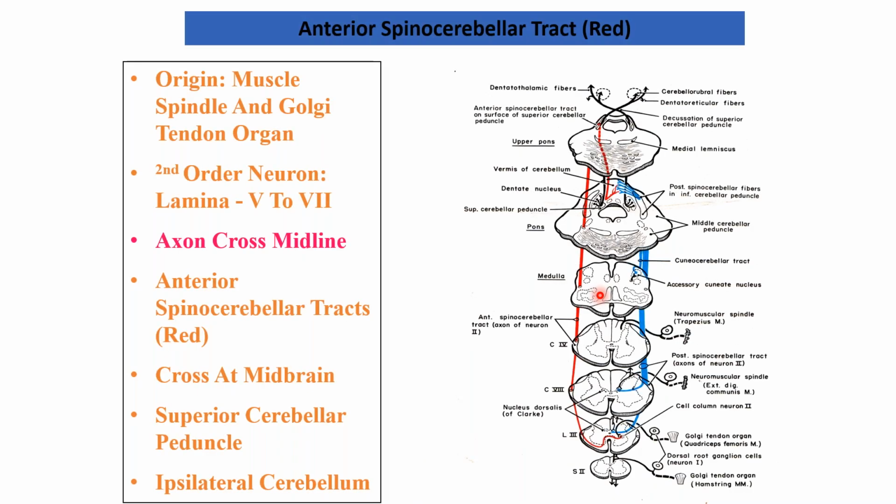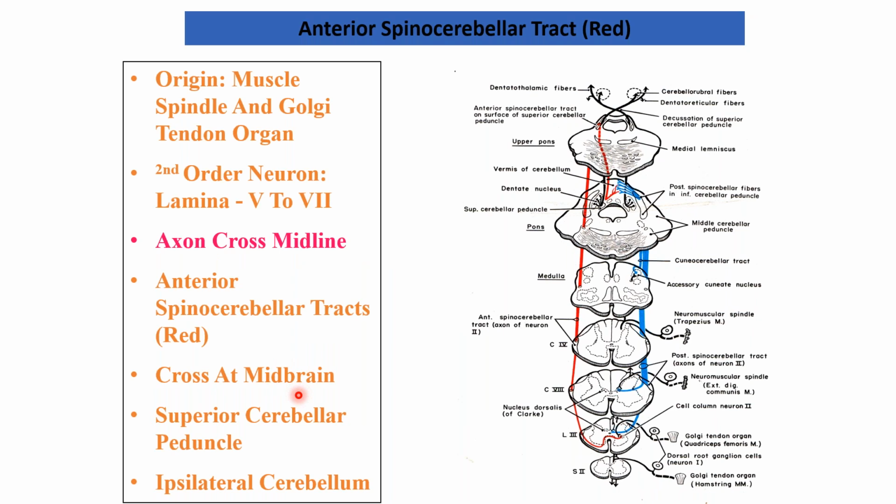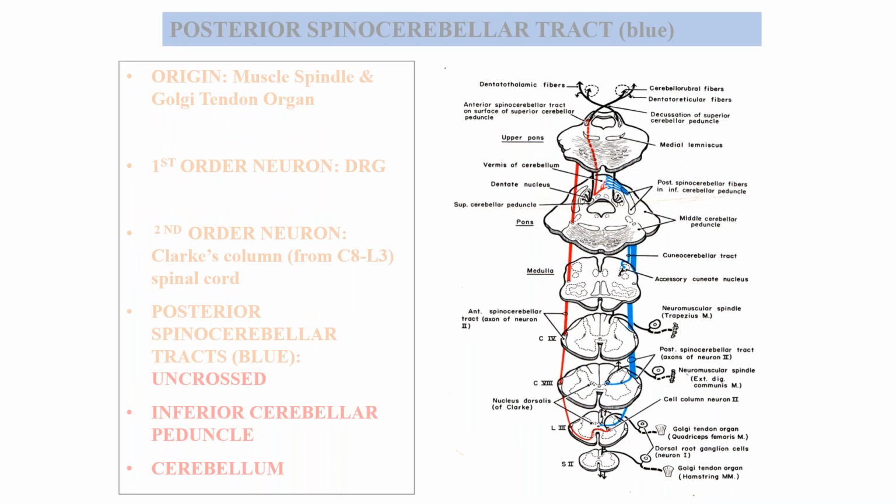So this is in brief the anterior spinocerebellar tract, which we have already done. Two levels of crossing were there, at the level of the spinal cord and at the level of the midbrain. This red tract is denoting the anterior spinocerebellar tract, and the blue one is denoting the posterior spinocerebellar tract.